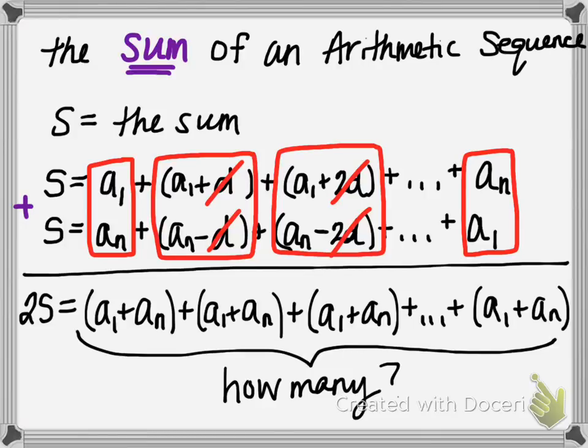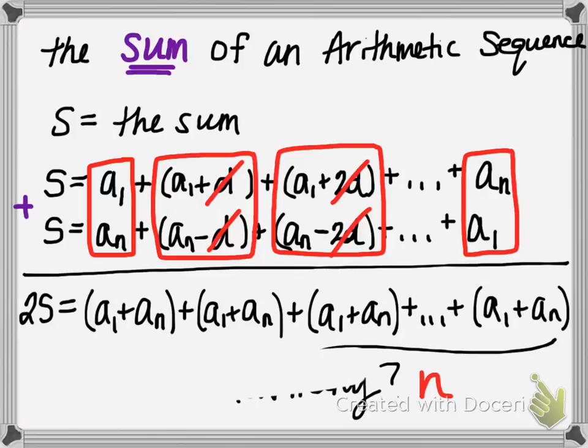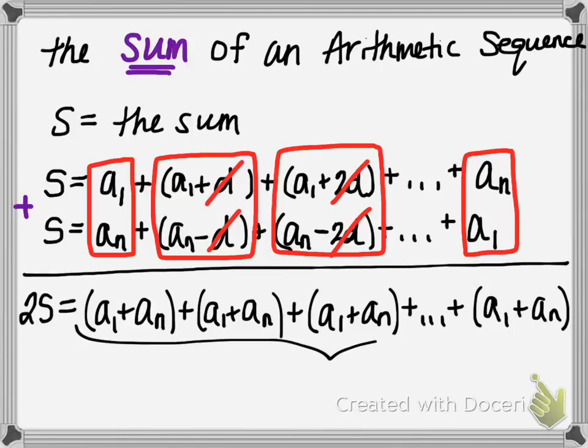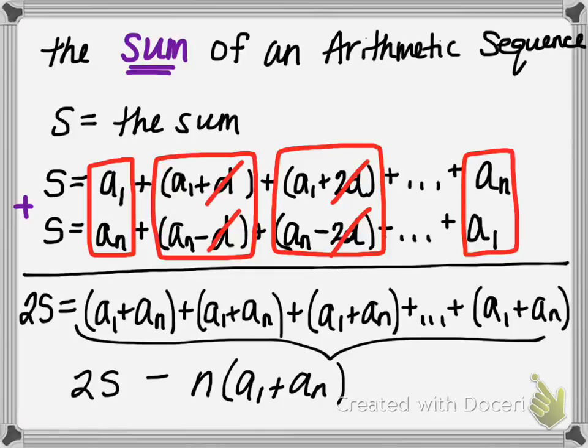So because we're generalizing, our sequence has n terms, so we have n of these quantities. Therefore, rather than writing it repeatedly as addition, we can simplify the right-hand side as n times the quantity a sub 1 plus a sub n. This gives us 2S is equal to n times the quantity a sub 1 plus a sub n.